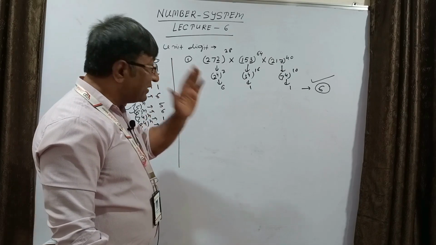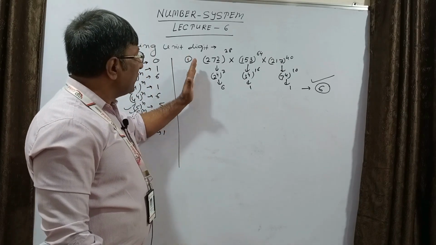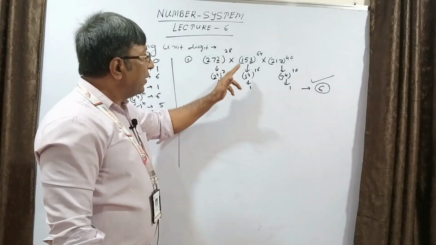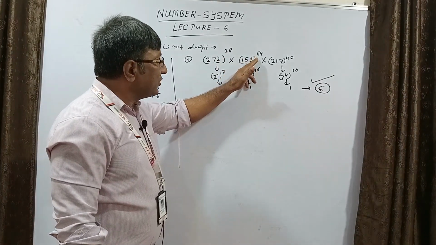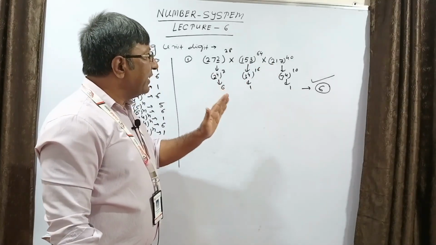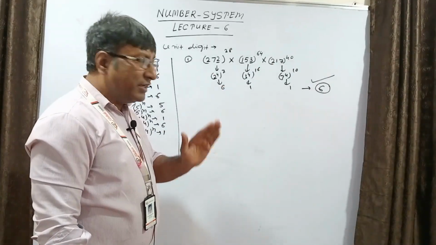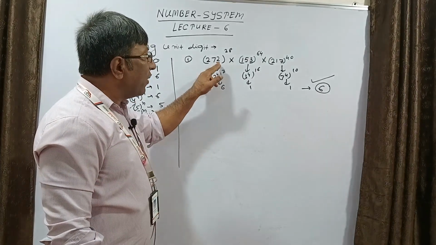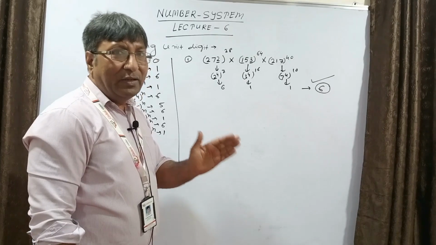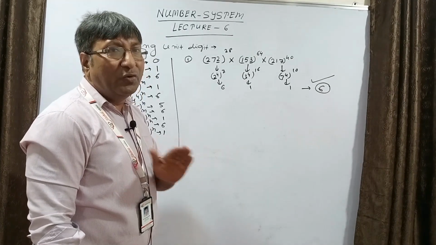Again, repeating the same, listen. So this is the question: 272 power 28, 153 power 64, 217 power 40. We are finding the unit digit. For this, first of all you check what the unit digit is. If the unit digit is 0, 1, 5, 6, then no change.